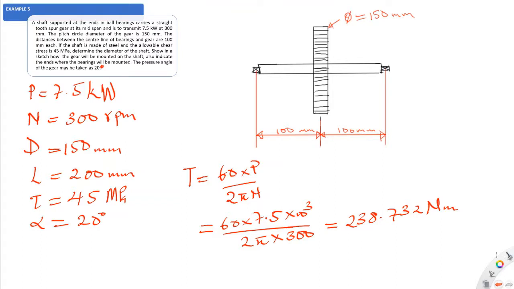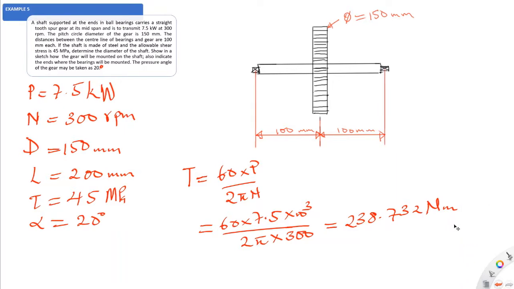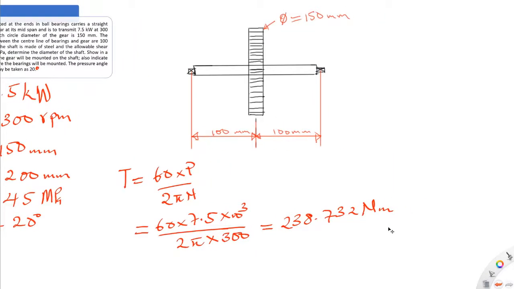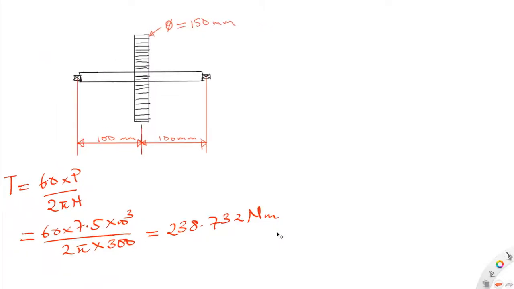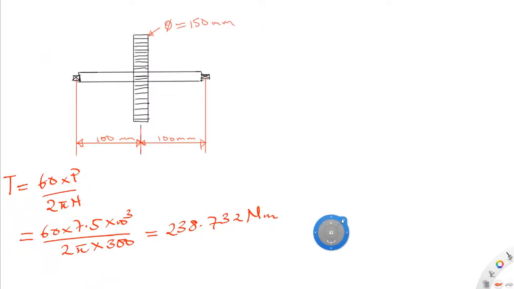Now, having obtained this, we need to determine the loads or forces on the shaft. Because we have a gear on the shaft, the gear will exert some forces on the shaft.